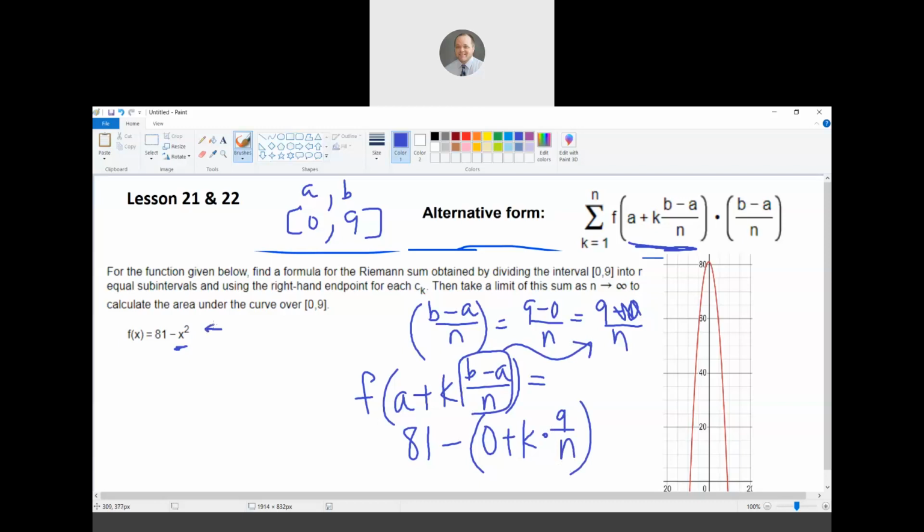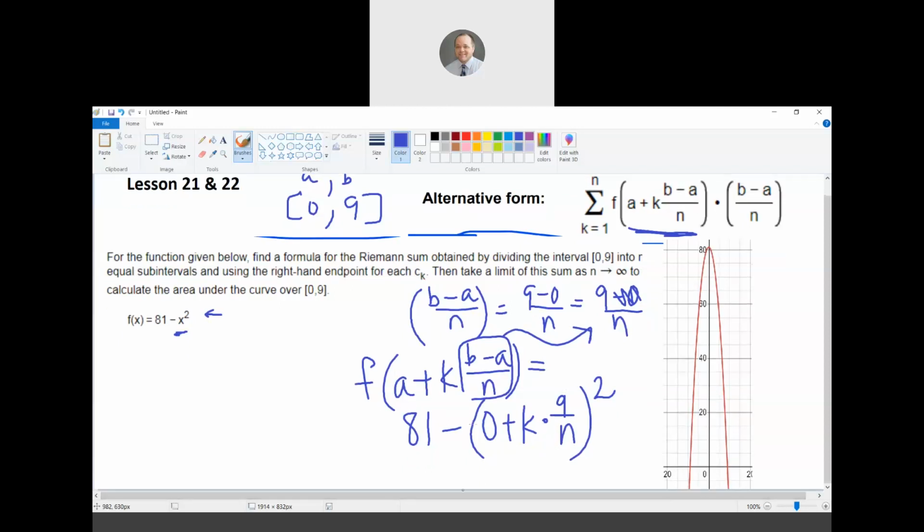And your original function has x being squared. So when we simplify, we now have 81 minus the quantity 9k over n squared, and then times the 9 over n.